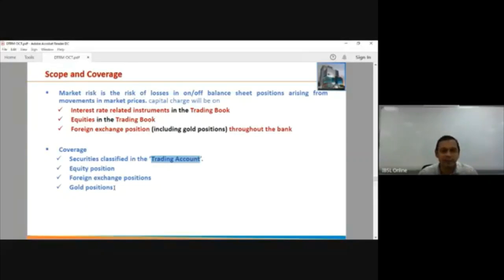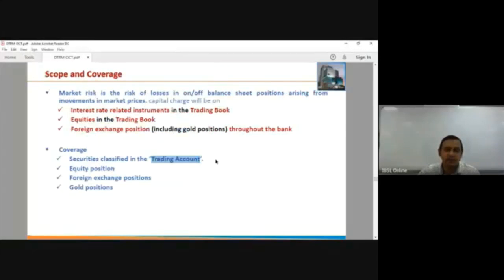Depending on the world market price for gold, there could be huge losses for banks, right? But that position we don't compute separately; we include the capital charge within the foreign exchange position. But remember, the scope covers 4 items, even though we compute under 3 items. So the gold position is covered within the foreign exchange position.